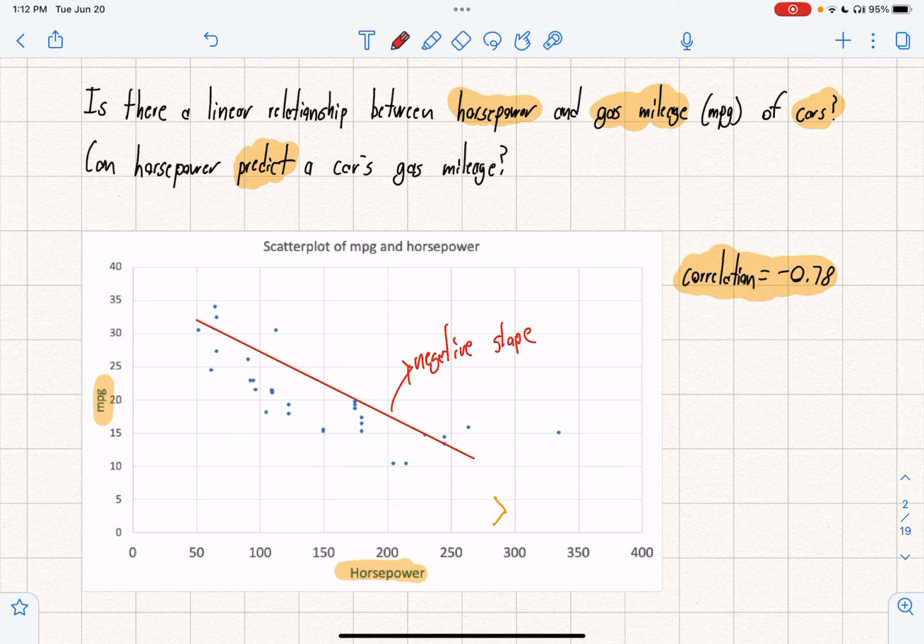But then the question is, okay, well, which line is best? Is it this line? Or how about this line? Right? We can technically draw an infinite number of lines, but the question is, how do we get the best line into the scatter plot?